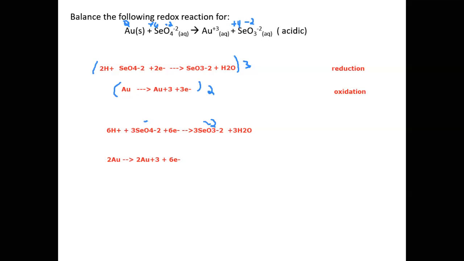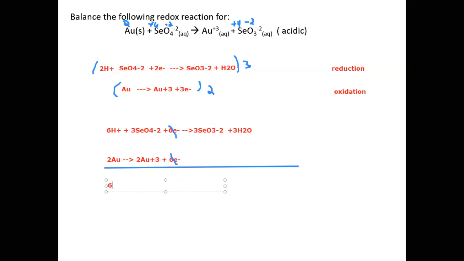So now all we got to do is add together the 2 reactions. All right. So the only thing that crosses out are the 6 electrons, and now we can add the 2 together.